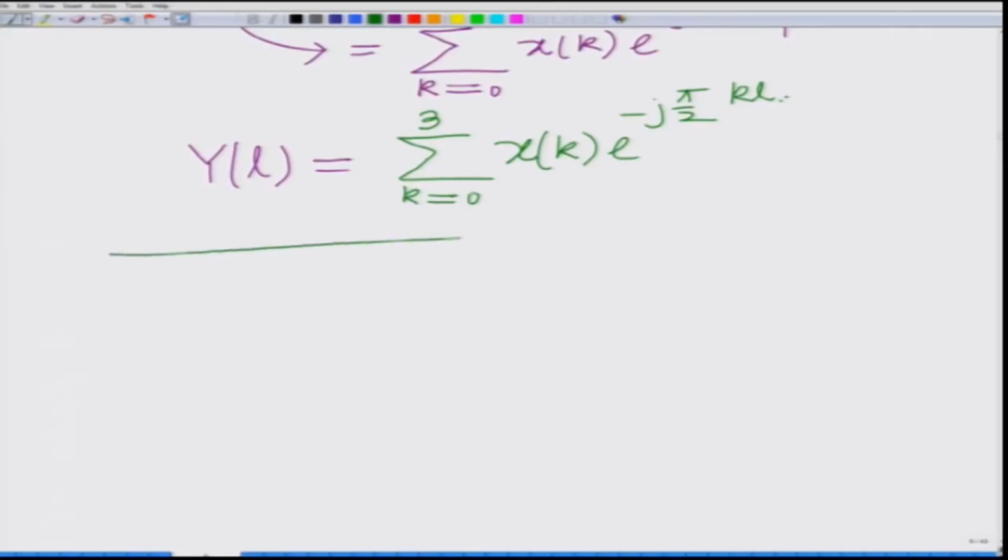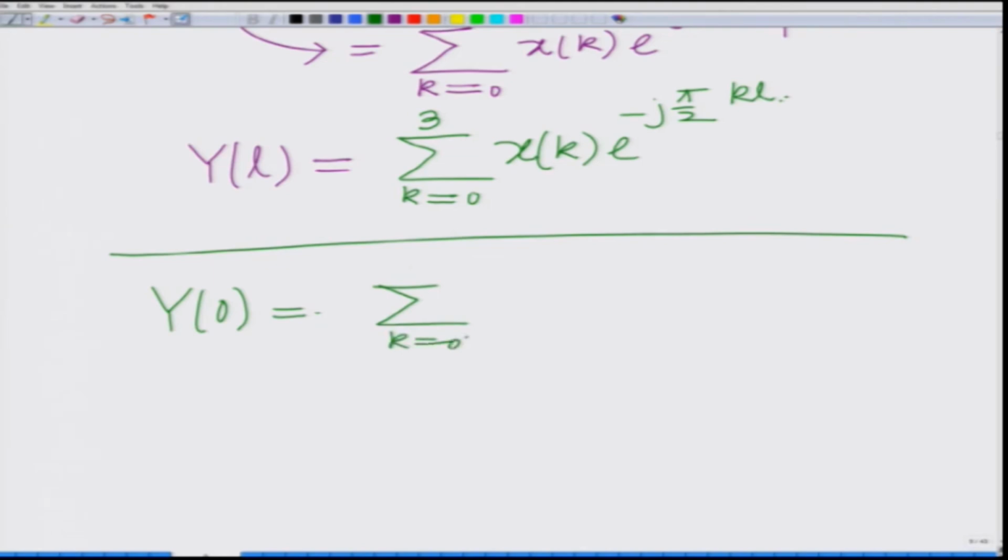All right. So now let us compute the output symbols. Y0 is fairly straightforward: I substitute l equal to 0 above, y_k e power minus j pi by 2 k times 0.